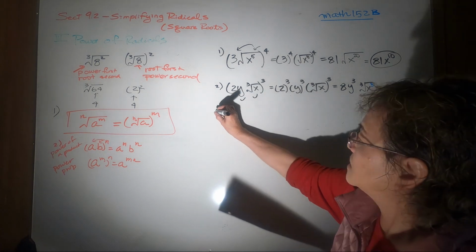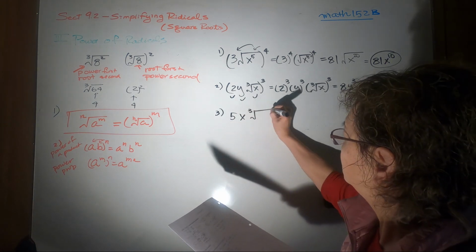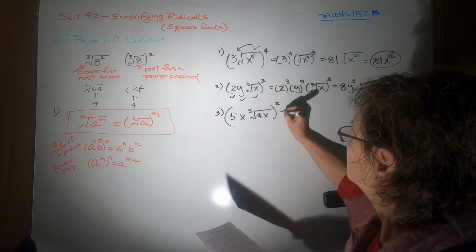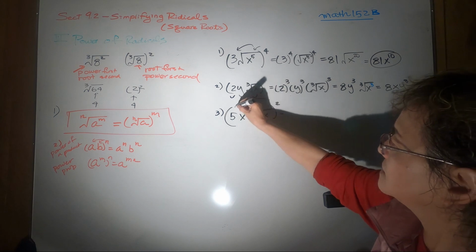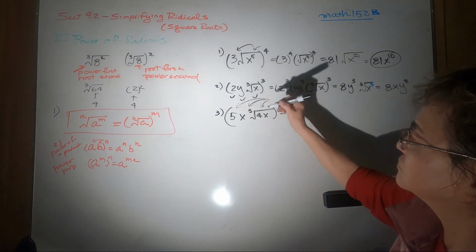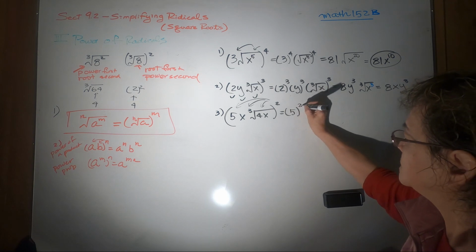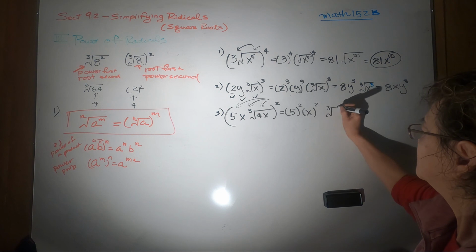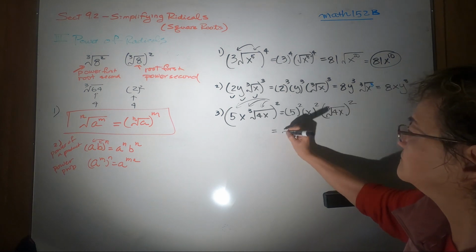Okay, so another one is 5x times the cube root of 4x, all to the square. That means you multiply them twice, so you distribute to the 3 bases. So you have 5 squared, x squared, then the cube root of 4x, you take a square, right?